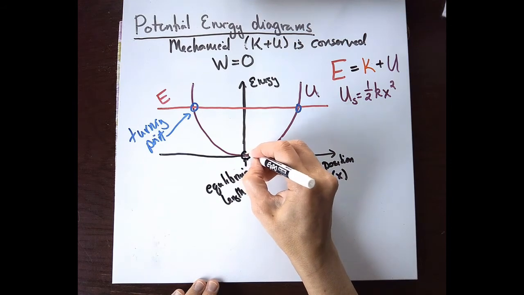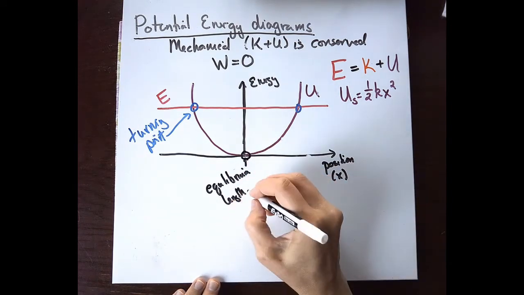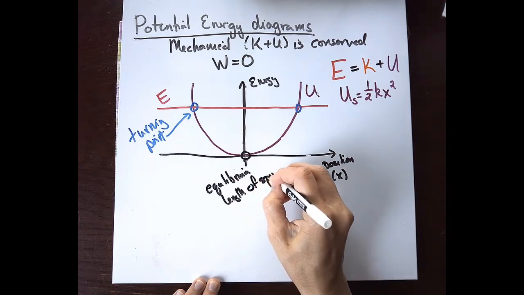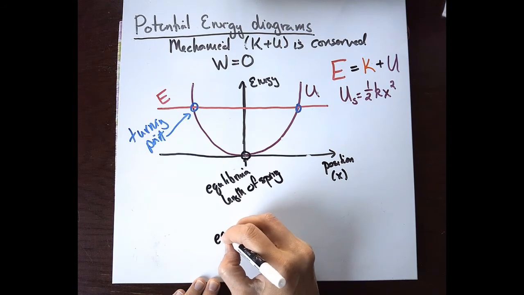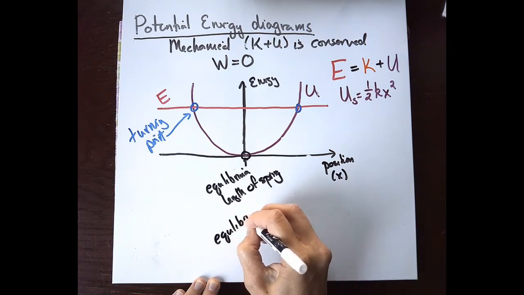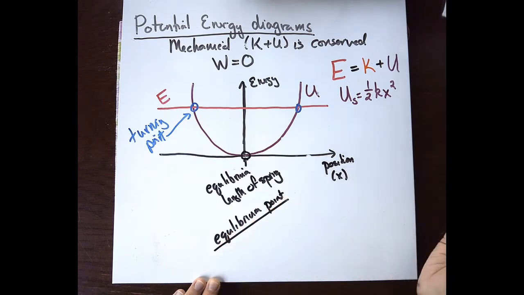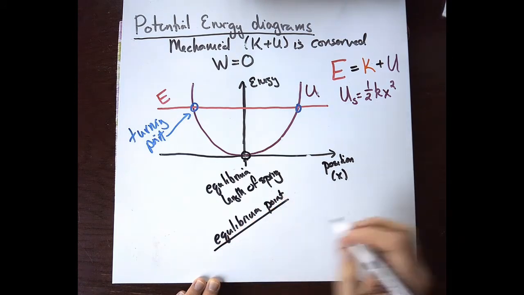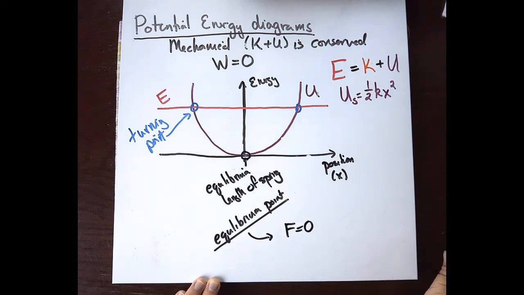So right here, what's going on? It's the equilibrium length of the spring, meaning it isn't stretched or compressed, but it's also an equilibrium point on the graph. Remember, equilibrium means force is equal to 0.